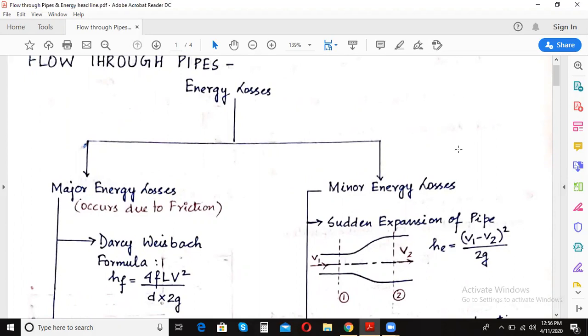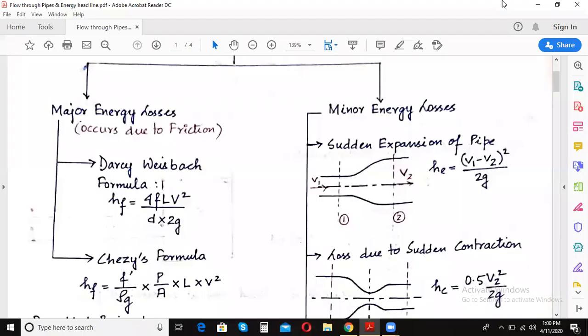In such cases, minor energy losses will happen. So let's see what the types of minor energy losses are. Minor energy losses are subcategorized into 7 different cases. Okay, let's go through these cases one by one.